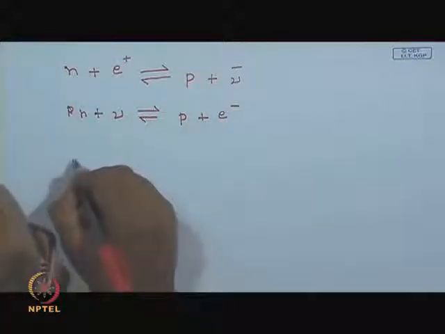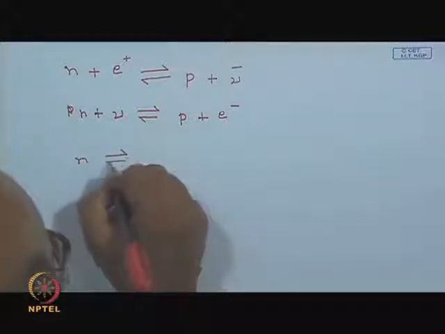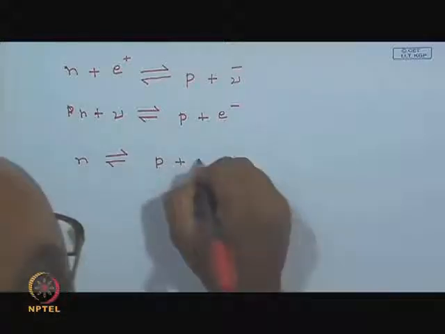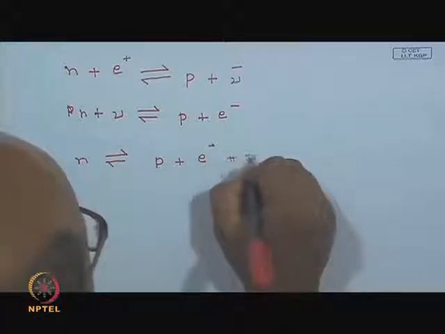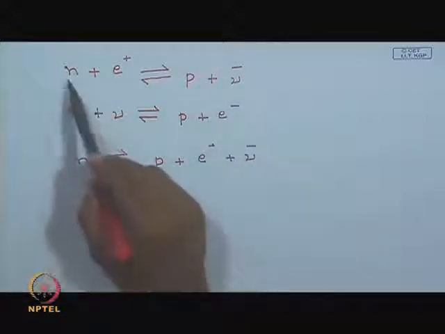And the third reaction is that the neutron can go over to a proton, an electron and an antineutrino. So, all of these three reactions essentially can convert a neutron to a proton and a proton to a neutron.